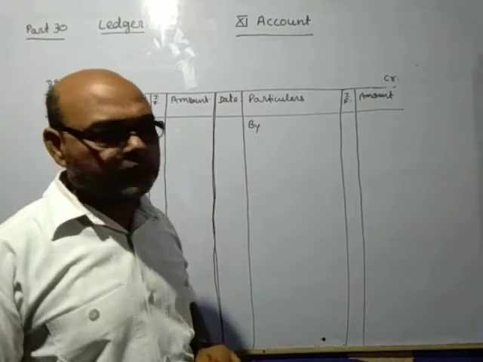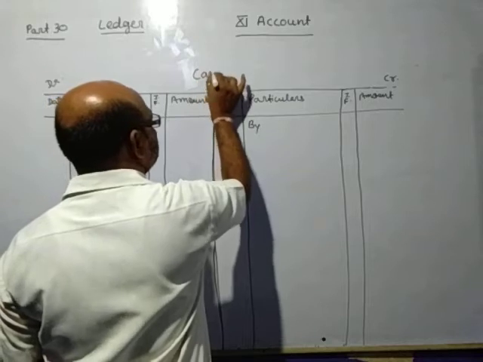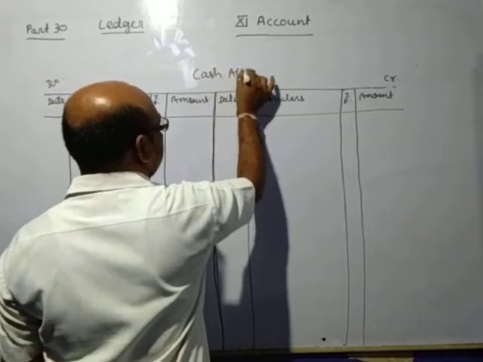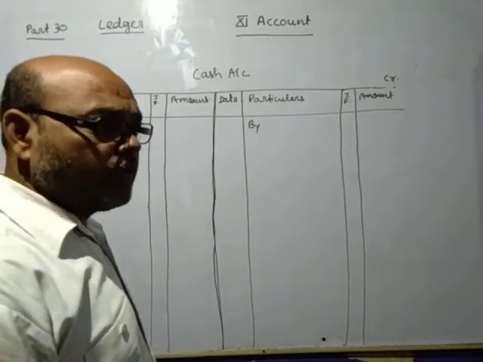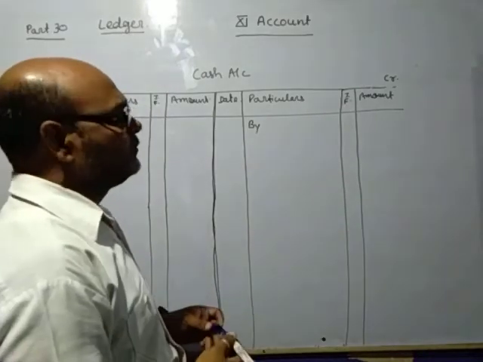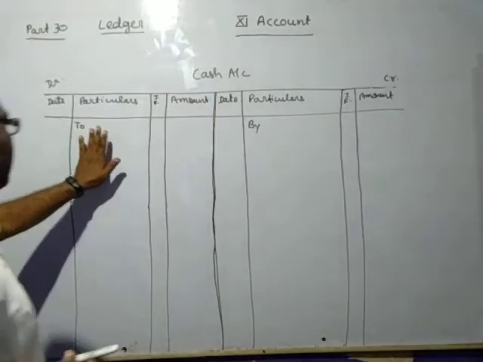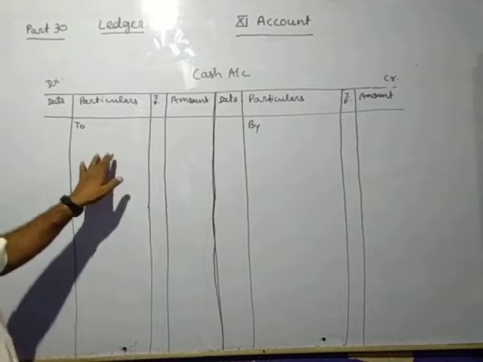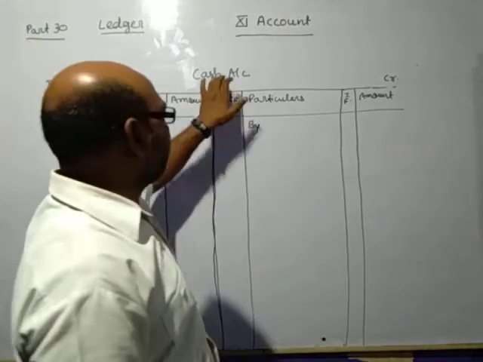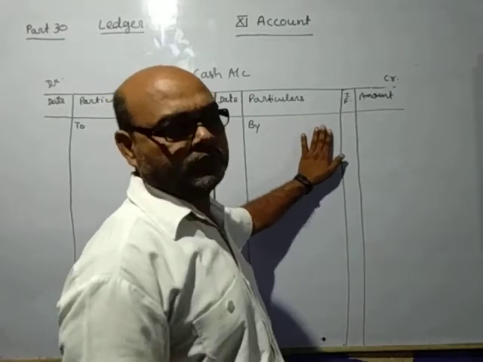For example, I want to open the cash account. So in any entry, if cash is debit, you will record on the debit side, or if in the journal entry cash is credit, then you will record on the credit side.